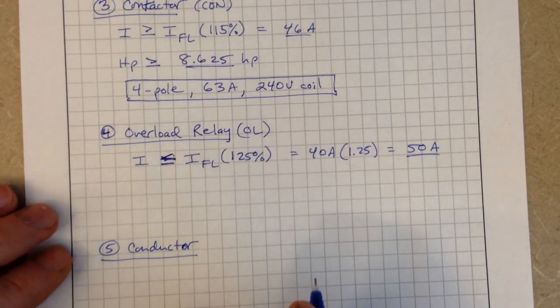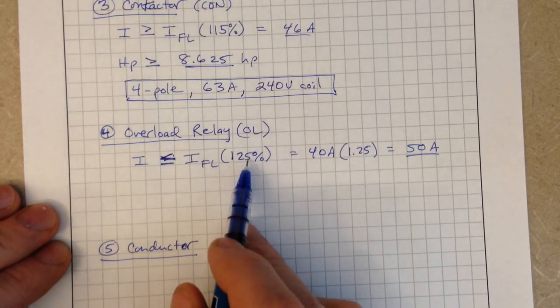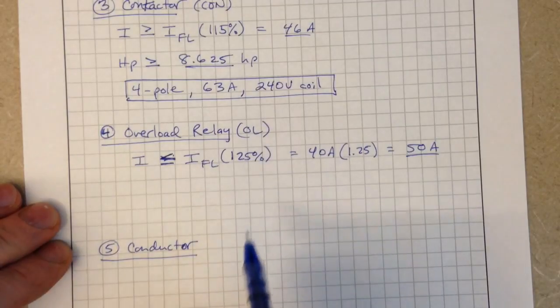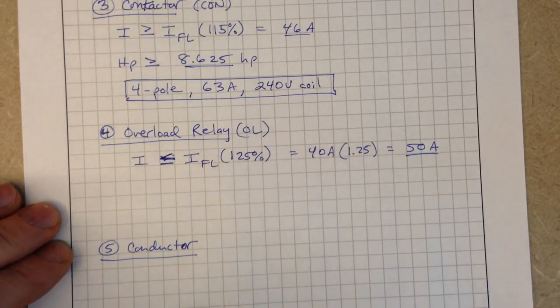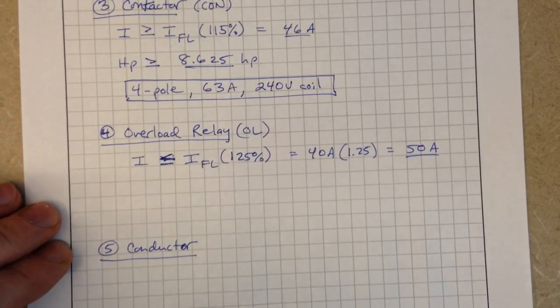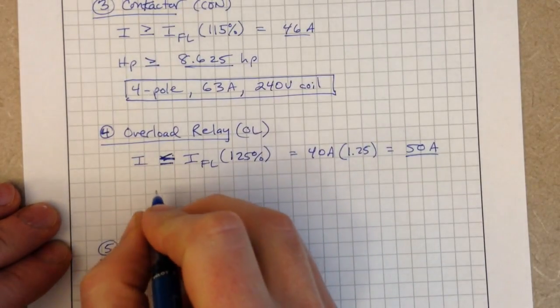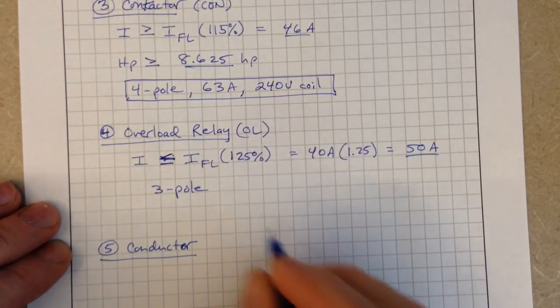So for the overload relays, I can't go greater than this; it's equal to or less than this, because I want those to trip if I get up to 50 amps, right? I don't want those to wait until it gets to 60 or 70 or 80. I want to trip them sooner than that because there's going to be heat buildup. I'm going to look at 3-pole, and heaters come in 3-pole flavors.